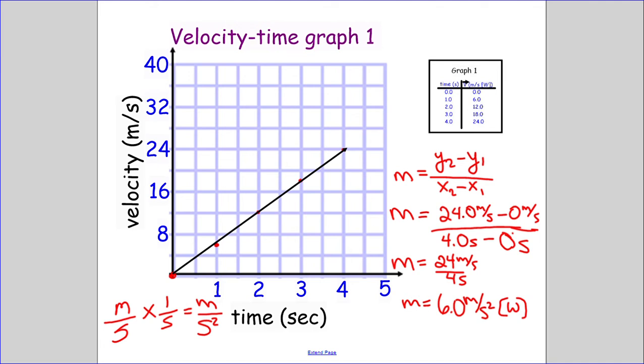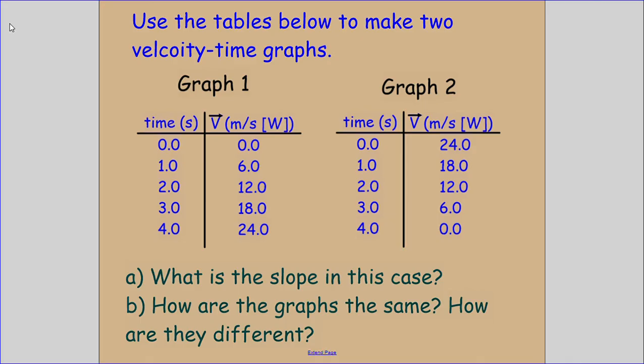So if we're taking a look at our slope here, this slope is increasing, and I can see it right from the graph itself, right from the table even. I can see that this is jumping every single time by 6s. Right, so it makes sense because my time value is jumping by 1s, then I can take an easy comparison here to see what the slope is going to be. The same thing with graph 2.